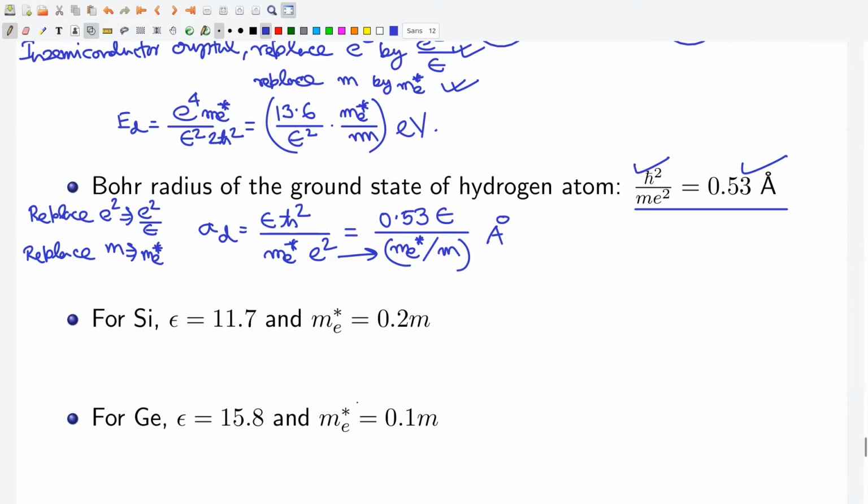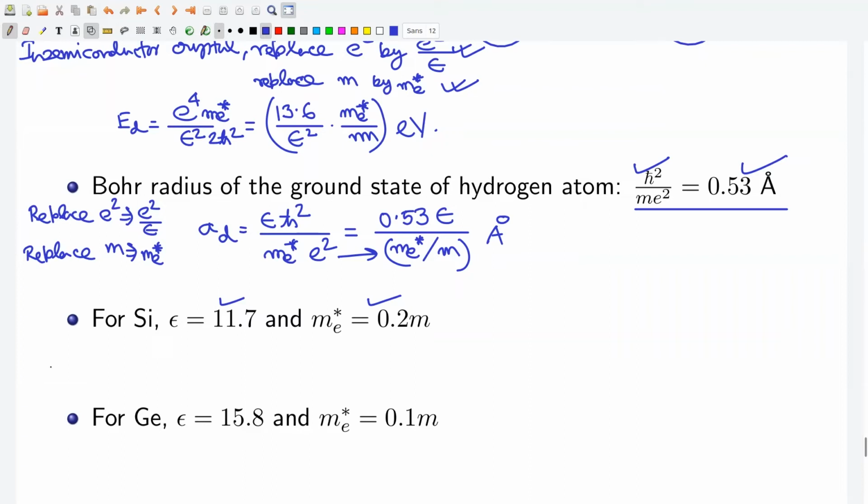Now let me get some rough estimate for real semiconductors like silicon and germanium. In case of silicon, epsilon is equal to 11.7 and me star is equal to 0.2 m. There is some complication because the effective mass in silicon is not isotropic, but this is good enough to get some rough estimate.